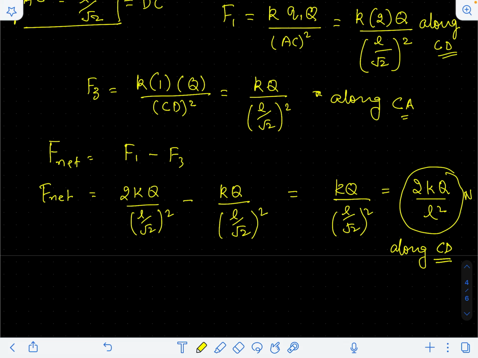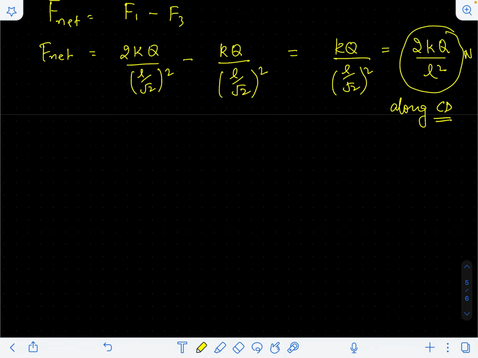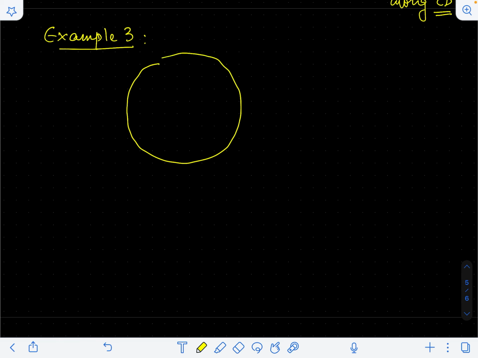Okay, so let's discuss one more example. So example number 3. Let's say in example number 3 we have a situation something like this. Let's say we have these two big objects having some charge distribution.